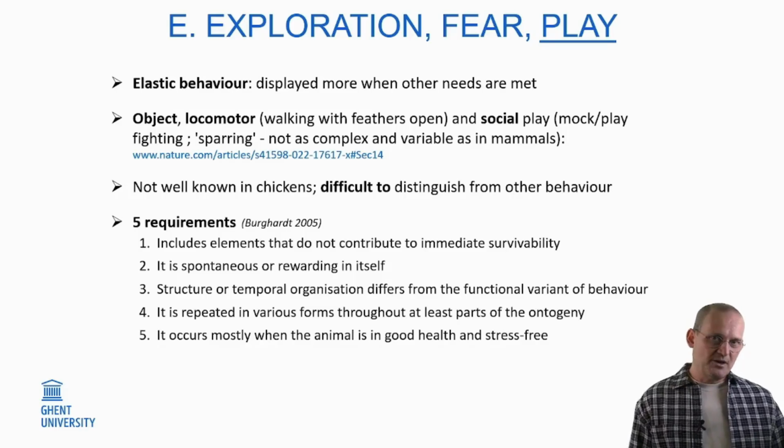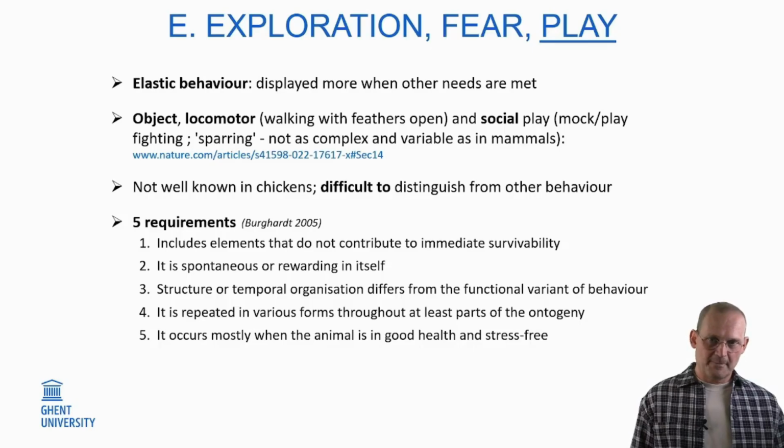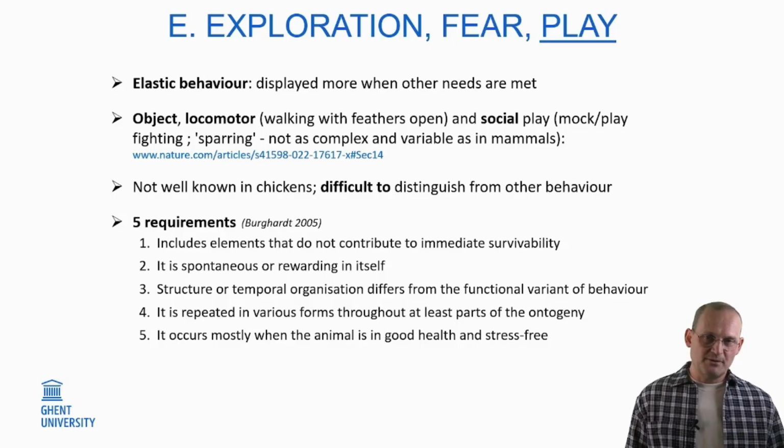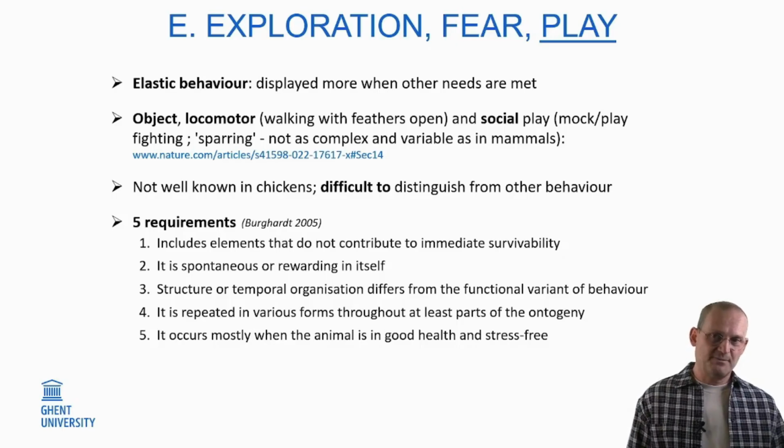But there's also a behavior that has not been studied so well in chickens, and it can also be notoriously difficult to distinguish from other behaviors that may look very similar. And therefore we have to be very careful when we are scoring play behavior, that it really fulfills the five requirements that have been written down in order to be categorized as play behavior.